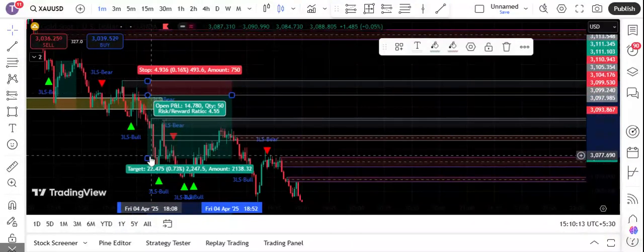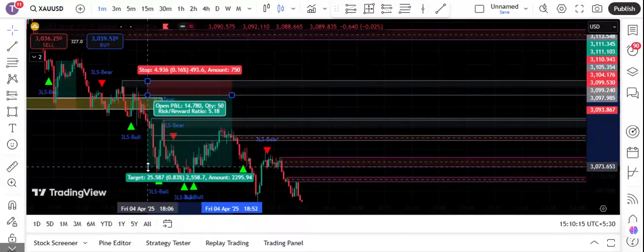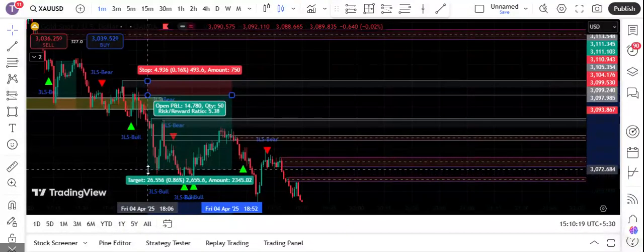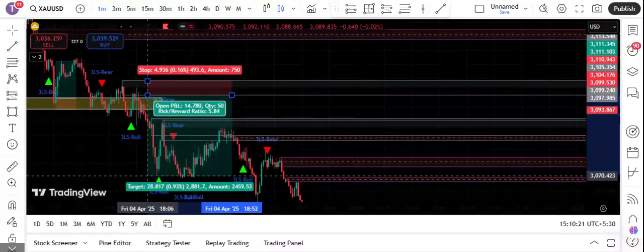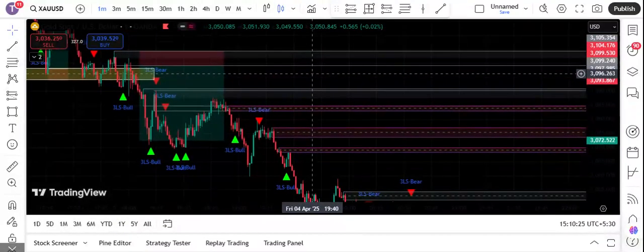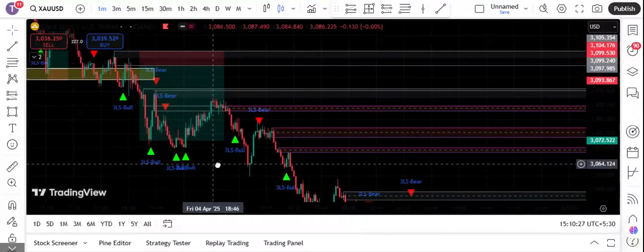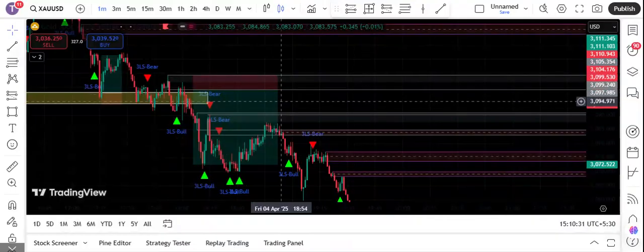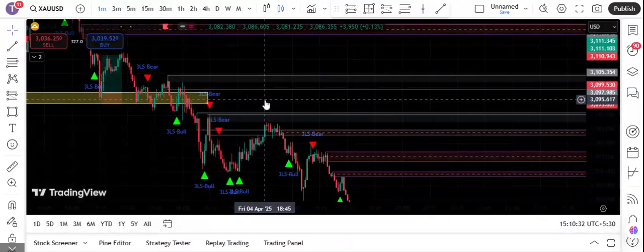It was somewhere around 1 is to, you would even take it to 1 is to 5. It's all up to you how long you continue with the trend. So you easily received a 1 is to 5 R.